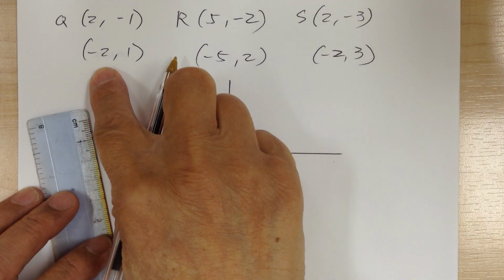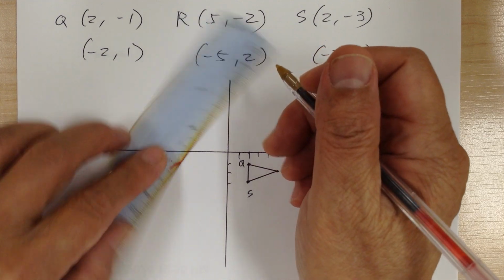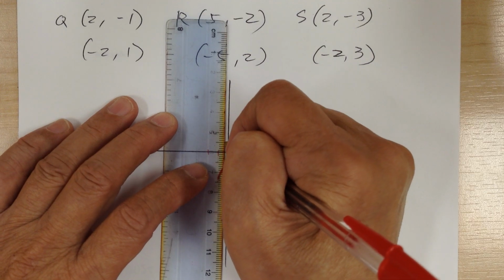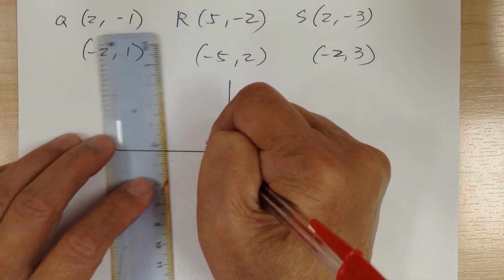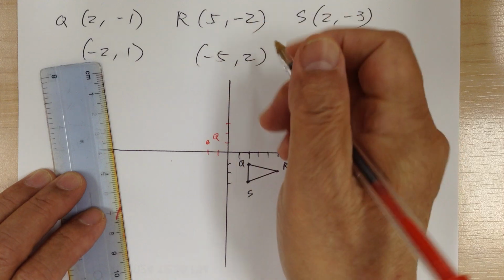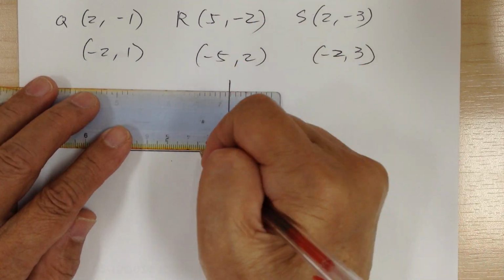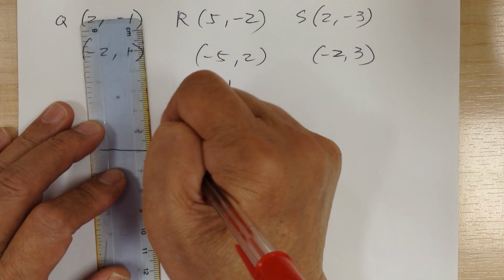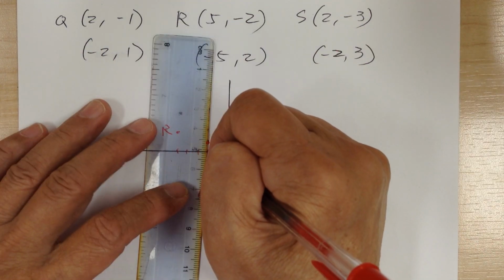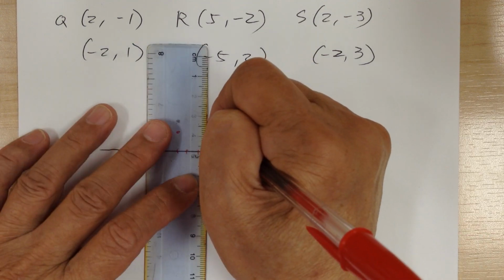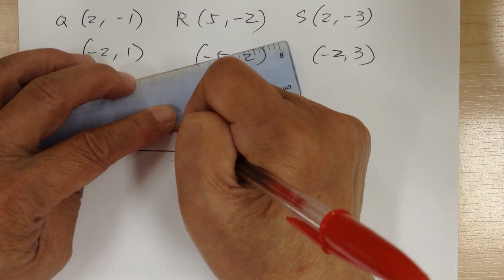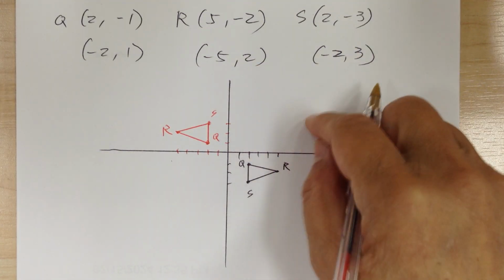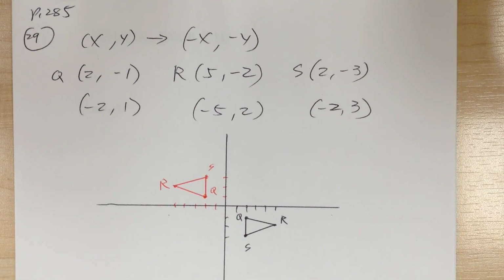Next, Q is going to be negative 2, 1. And negative 5, 2, that's the R. And negative 2, 3, that's the S. So basically you have a rotation of 180 degrees, so you flip.